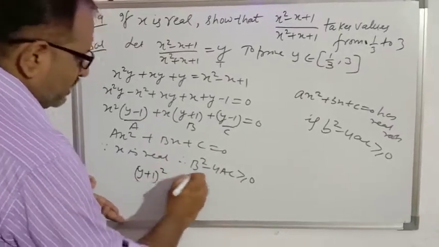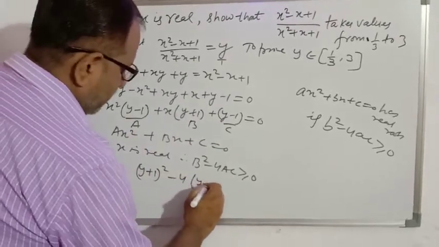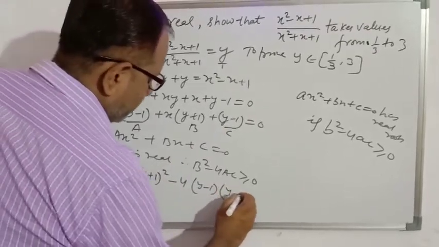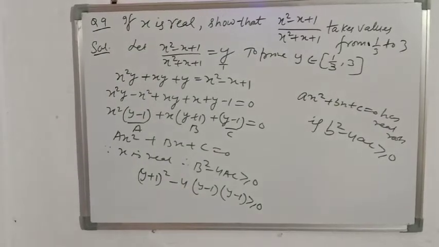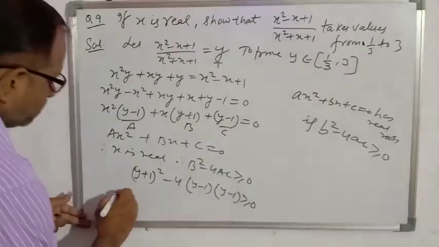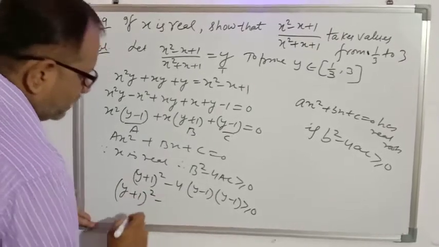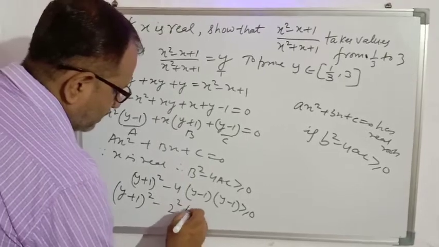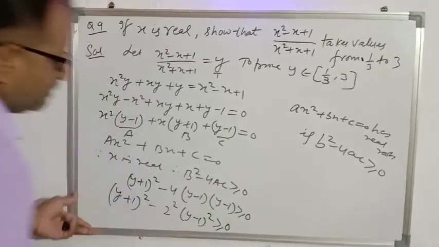So y plus 1 whole square minus 4, a is y minus 1, and c is y minus 1, greater or equal to 0. So y plus 1 whole square minus 4 means 2 square, and it can be written y minus 1 whole square greater or equal to 0.